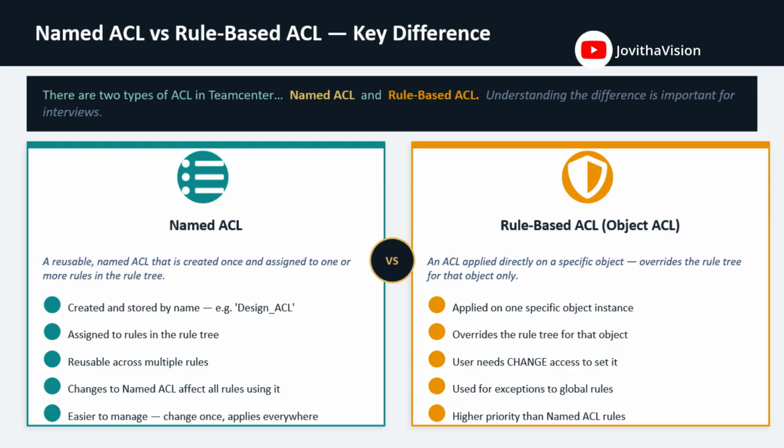Also, rule based ACL has higher priority than named ACL. So, the simple way to remember this is named ACL is reusable, it is assigned to rules, and it applies globally across the system. Rule based ACL is applied on one specific object, it overrides the rules, and it is used only as an exception.